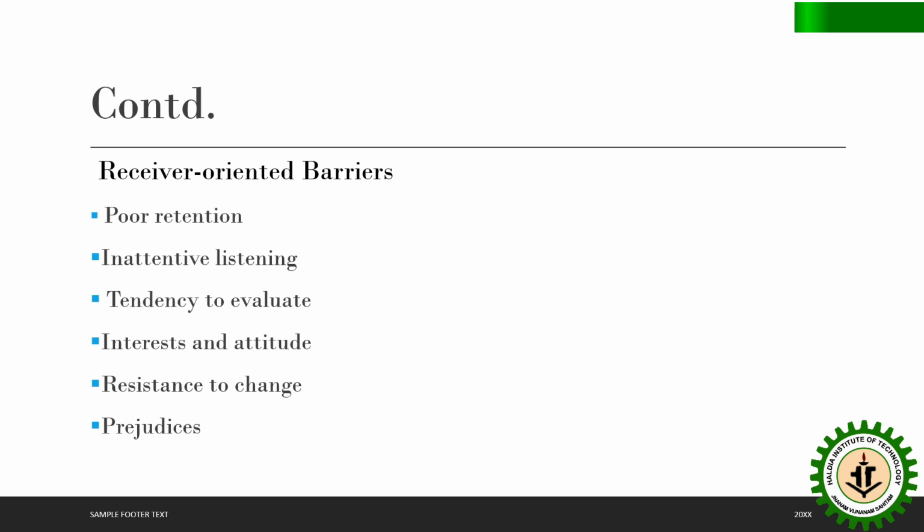So tendency to evaluate and interest and attitude. So for example, if I have to attend a seminar which does not interest me or of which I do not have any previous knowledge, then it could hamper my interest in that communication process. So at the very beginning it must be clear.